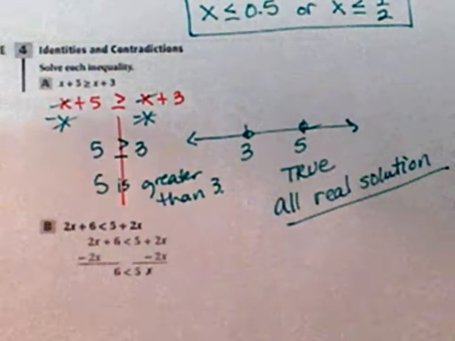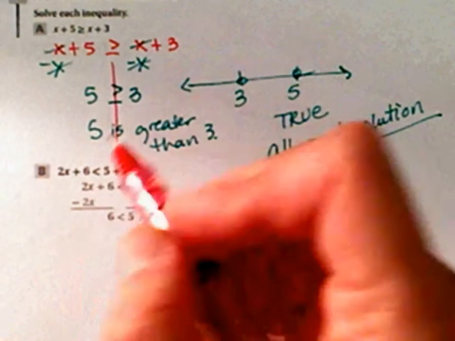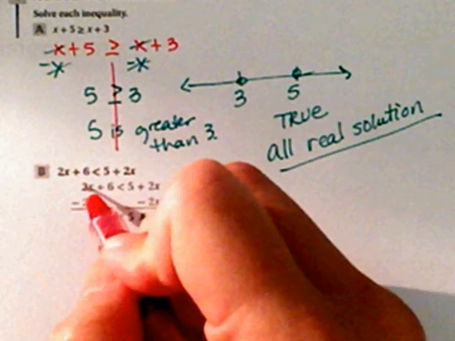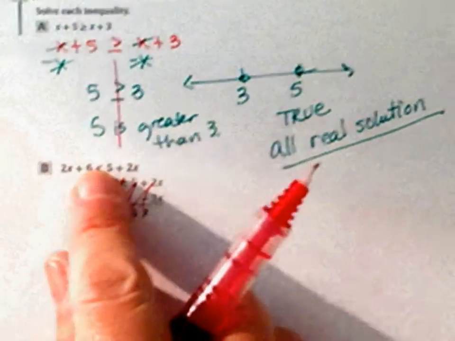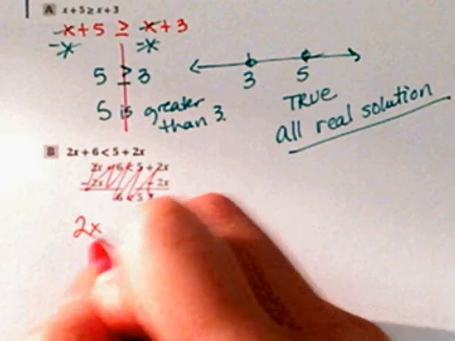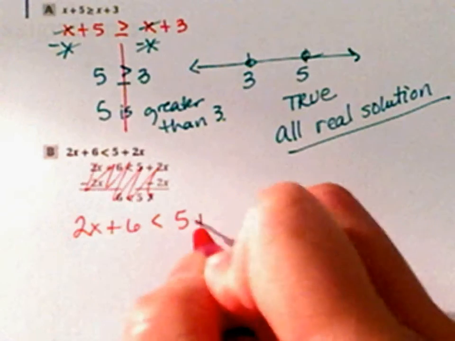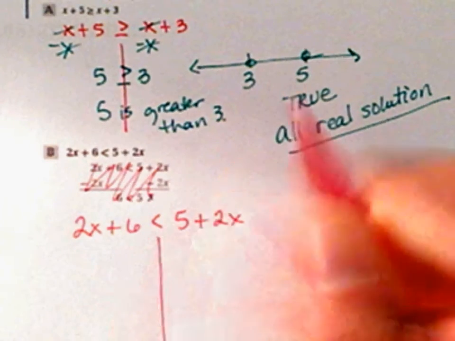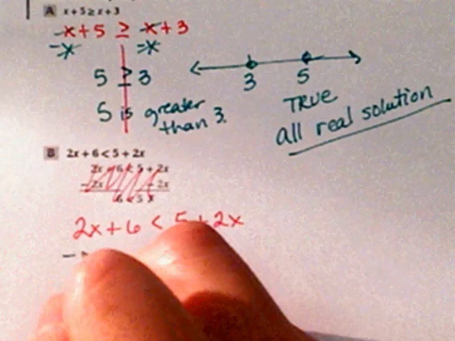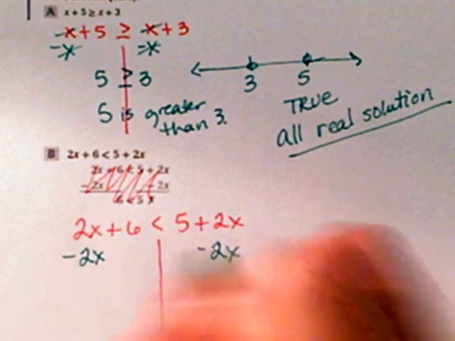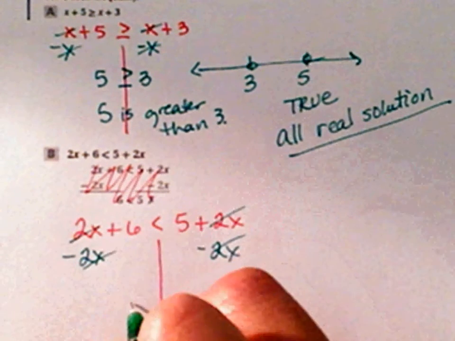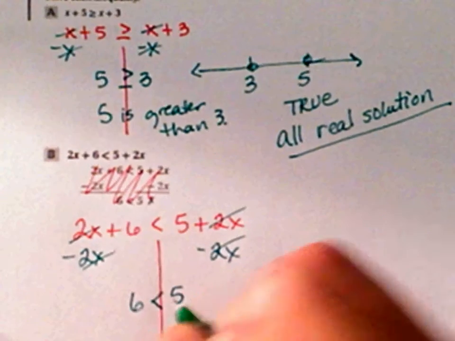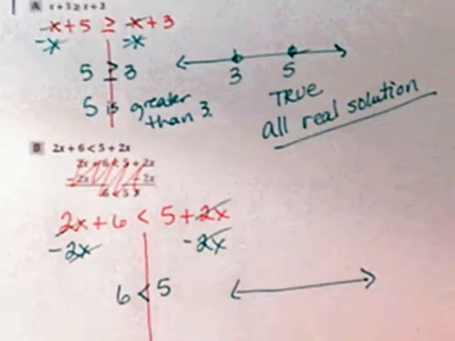Let's look at B. I'm going to rewrite this problem right here. 2x plus 6 is less than 5 plus 2x. Solve. Minus 2x cancels out. So you have 6 is less than 5. Let's look at the graph.